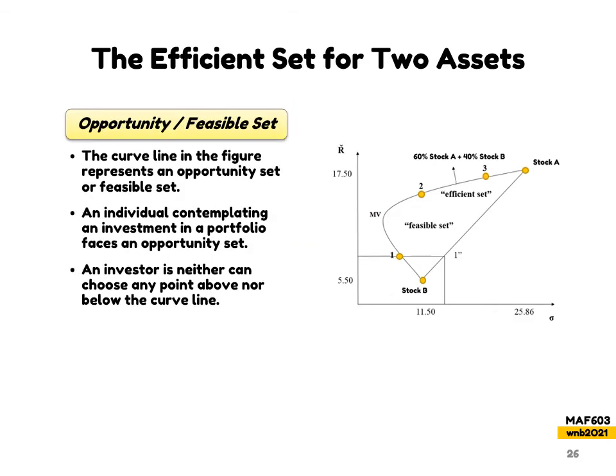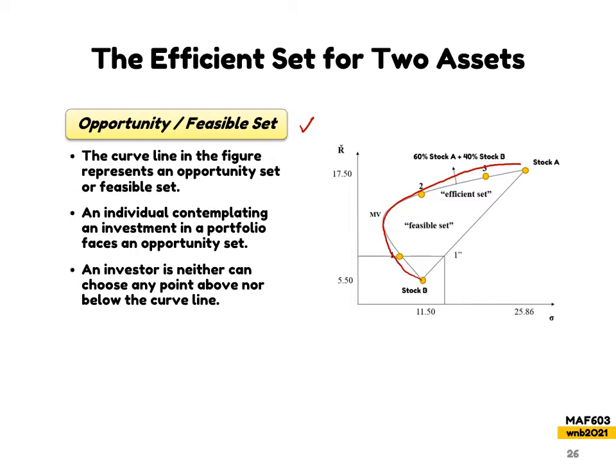Next, let's look at the opportunity or feasible set. The curved line in the figure represents an opportunity set or feasible set. So here, from stock B to stock A, it represents any opportunity that an investor can choose to invest.